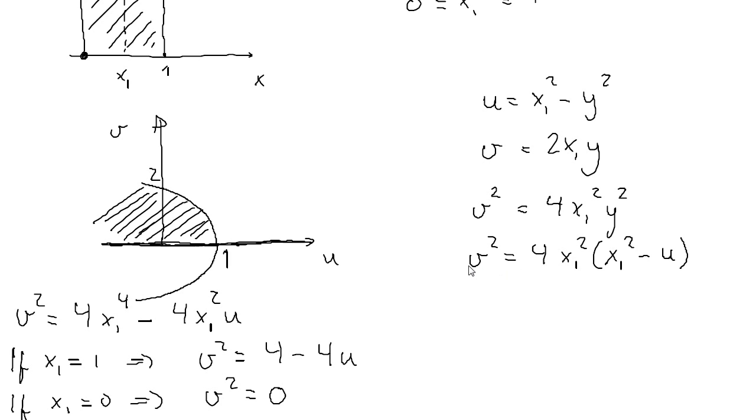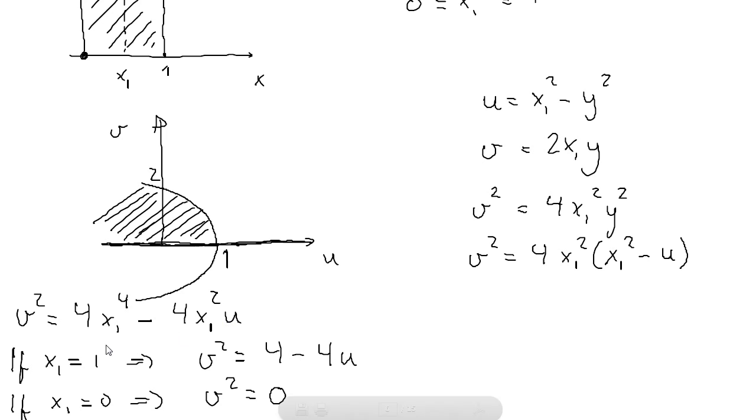So then we arrive at this equation, and note that x1 is some constant. We have chosen a particular constant value, a particular vertical line here. So we obtain v squared equal to 4 times this constant minus 4 times this constant multiplied with u.